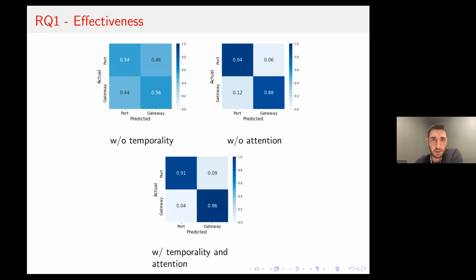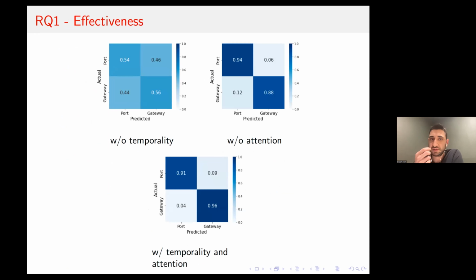So about the first research question, we wanted to see the effectiveness of the methodology. The first confusion matrix corresponds to the setting where we exclude temporality. We only consider graphs by themselves without the other graphs in the sequence, and we try to do classification on that.